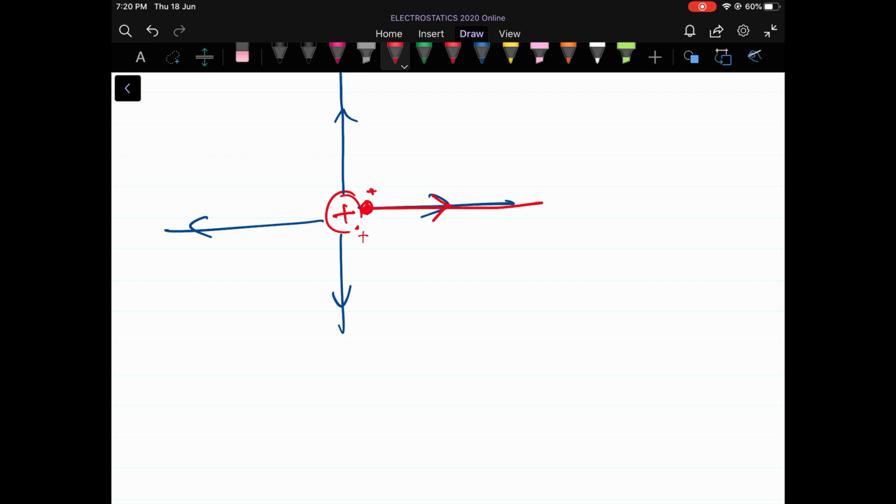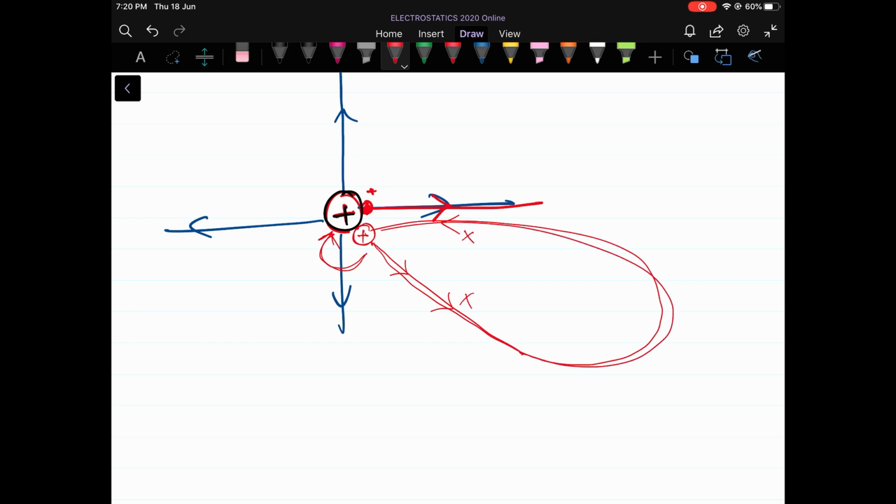It cannot happen that the positive test charge will start from a certain point, go away from the positive source charge, and then later come back to the same point. This is not possible because the positive test charge will be repelled by this positive source charge, and there's no chance that it's going to come back. So clearly the electric lines of force cannot form closed loops.